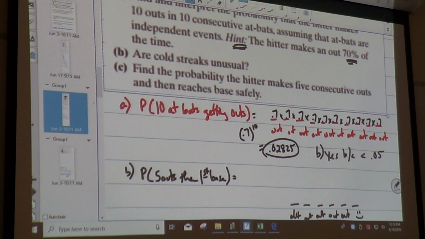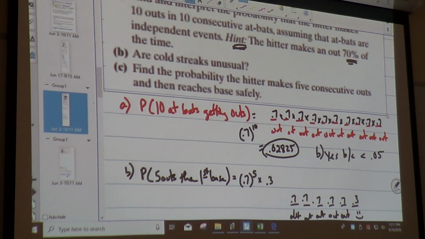So what's the probability of the first 5 outs? 0.7, 0.7, 0.7, 0.7, 0.7. And then what's the probability that he made it to first? 0.3. I got to physically see those numbers out there. So what is my mathematical problem going to be? 0.7 to the 5th times 0.3.